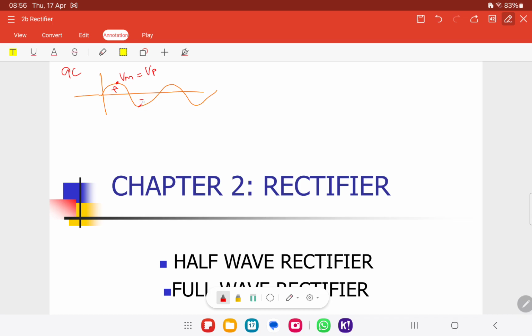And here is Vmin, right? So the two at the top will be Vp, V peak to peak. Vpp is V peak to peak, from the maximum peak to the minimum peak. And Vpp equals to Vp over 2. You have to take half.